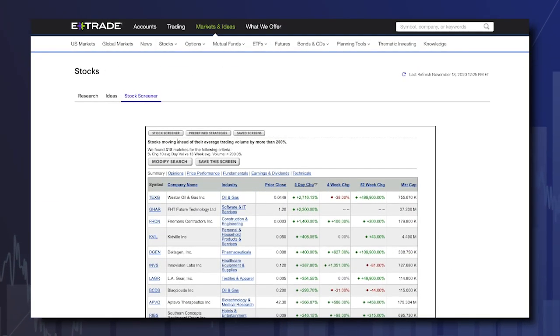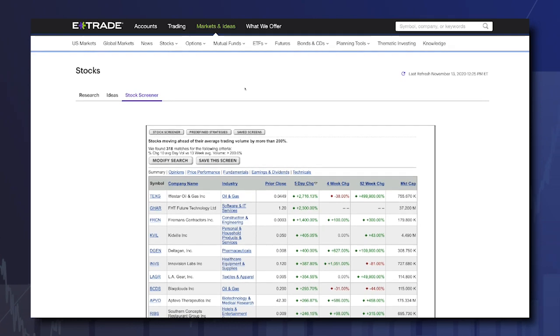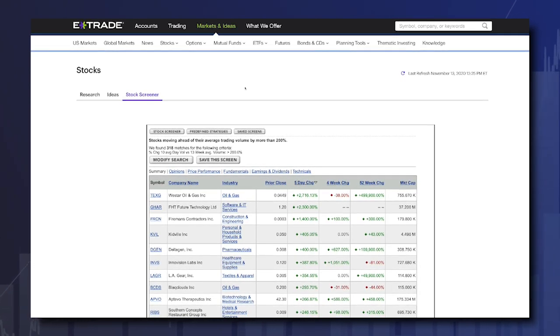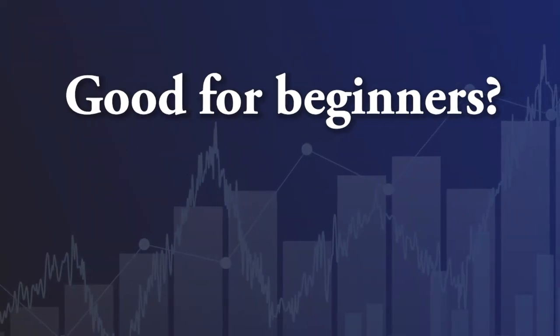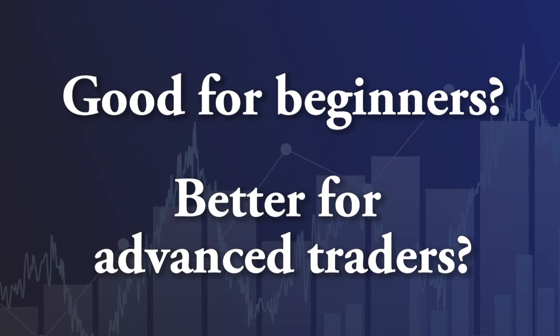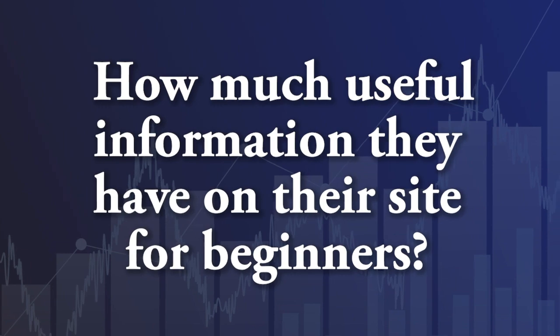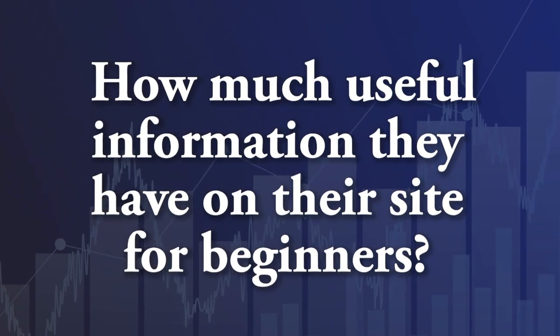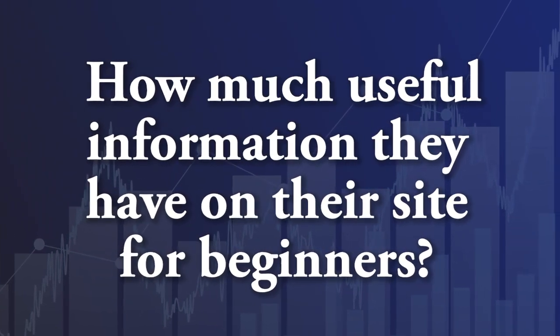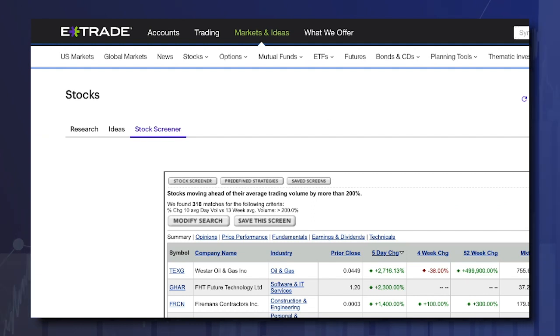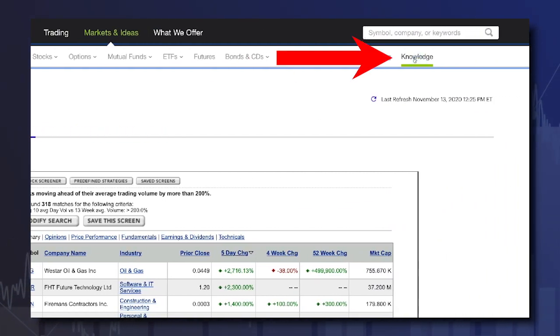And then, of course, when I ranked all the major brokerage accounts, I talked about whether they're good for beginners, better for advanced traders, that sort of thing, and how much useful information they have on their site that really helps beginners get going. ETrade gets high marks there, and that's because of this knowledge tab.